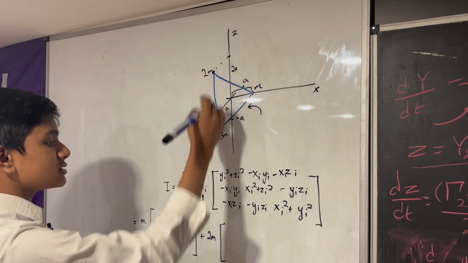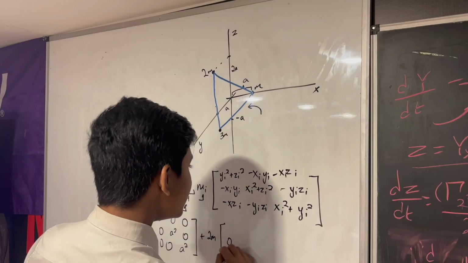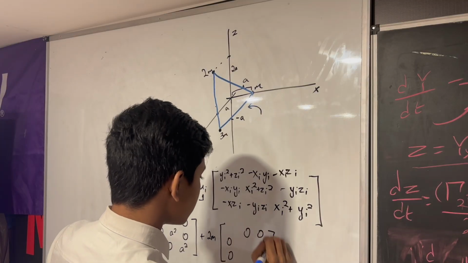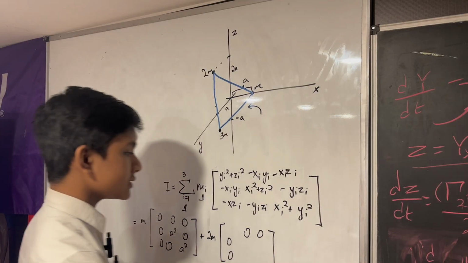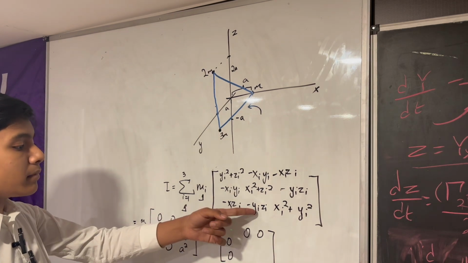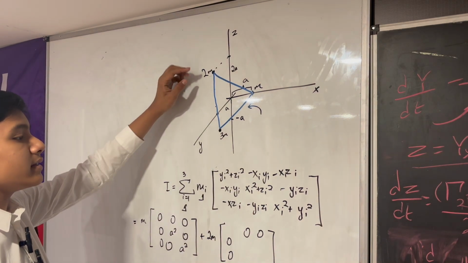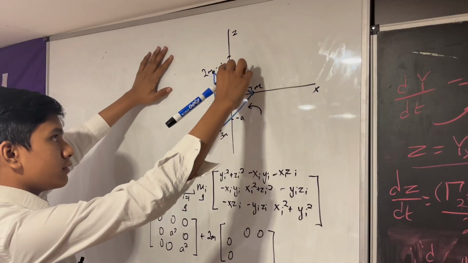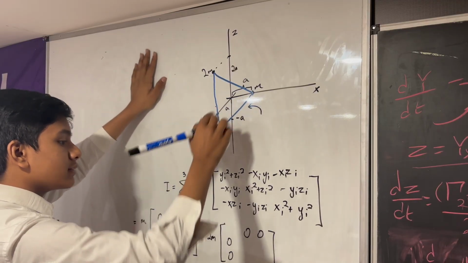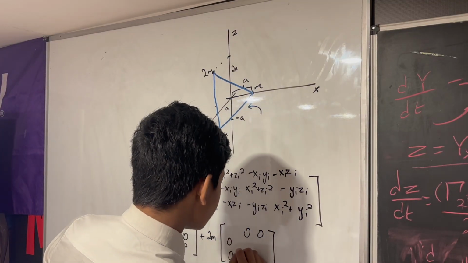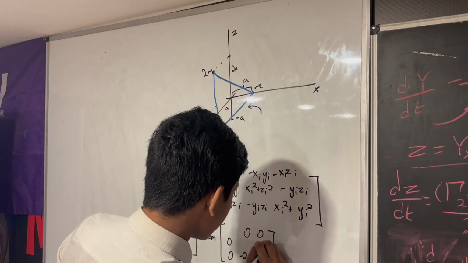Then you have the second one, which is 2m. So it has no x component, which means these 4 products of inertia go to 0. But everything else is pretty standard. You have minus yi times zi, which is equal to, well, minus 2a times a, or minus 2a squared. That's the same over here.